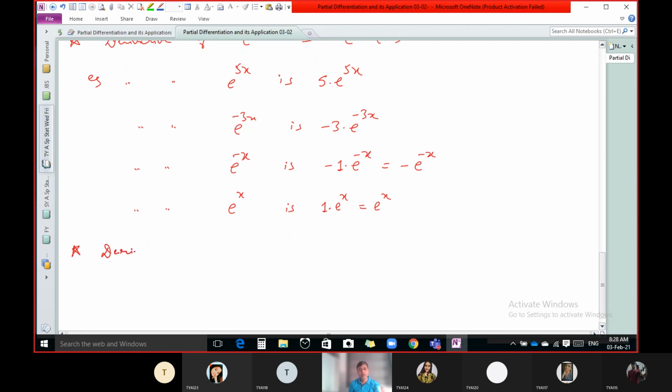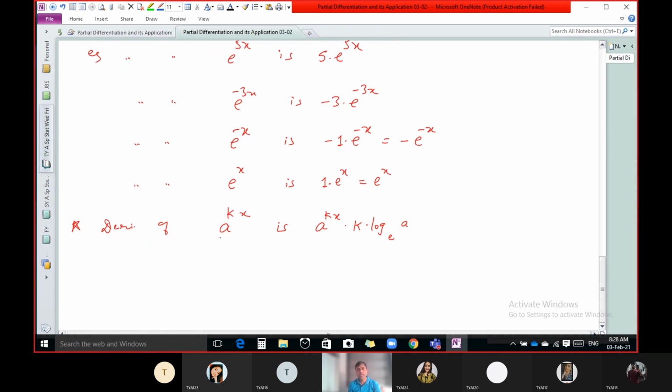Now one more result. Derivative of a raised to kx. See, the derivative of a raised to kx is a raised to kx into k into log a base e. Please learn this.